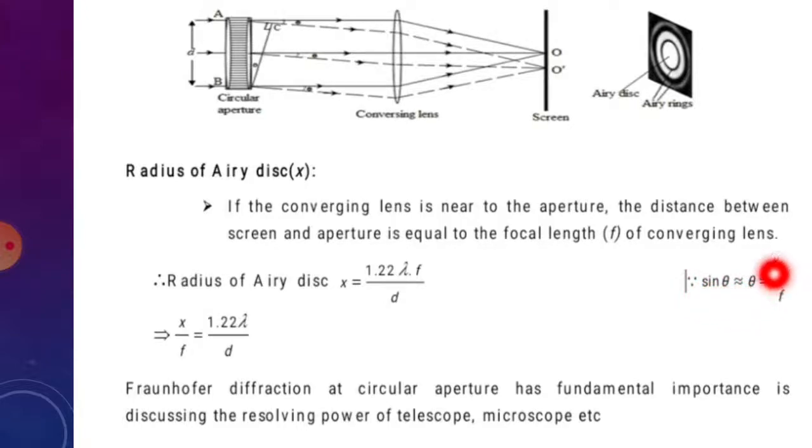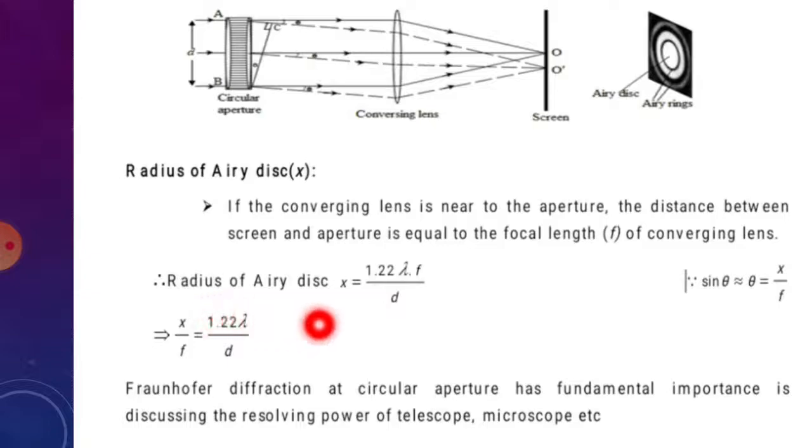So, theta is equal to x by f. Here the limit of resolution, the angular separation between the center of Airy disk to first minima, is theta is equal to x by f. Already we found that the limit of resolution for circular aperture is theta is equal to 1.22 lambda by d.